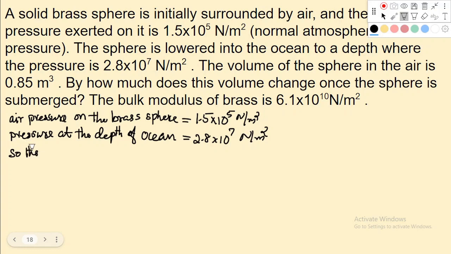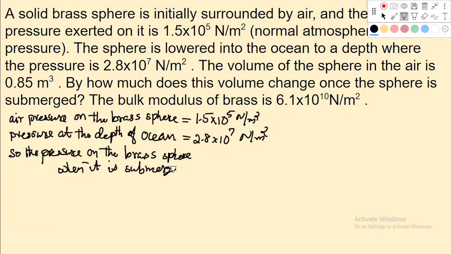So the pressure on the brass sphere when it is submerged is equal to 2.8 into 10 raised to 7 minus 1.5 into 10 raised to 5.